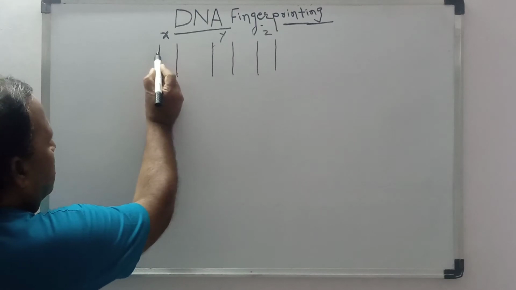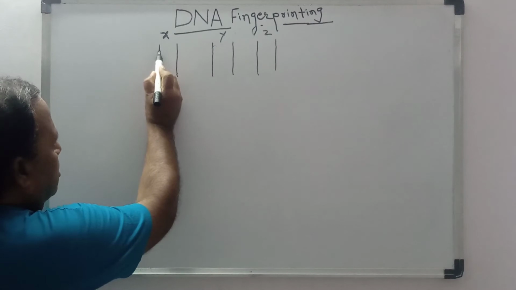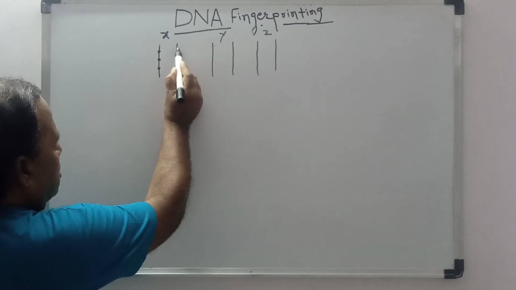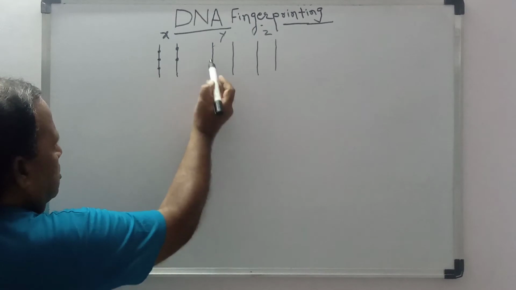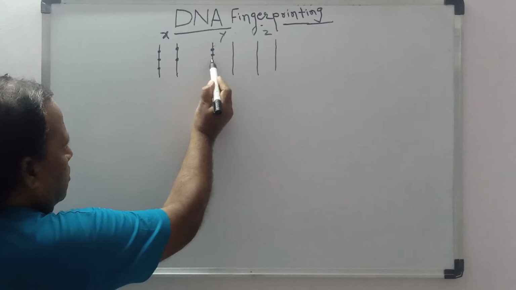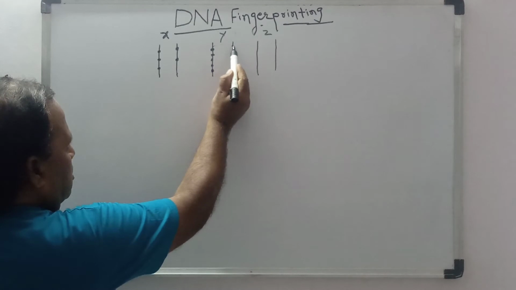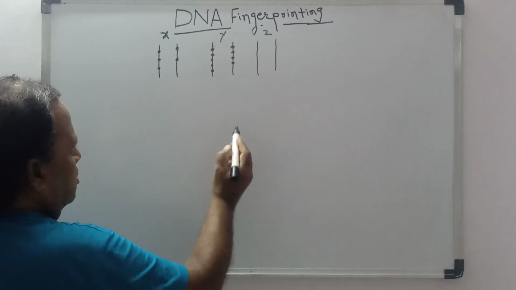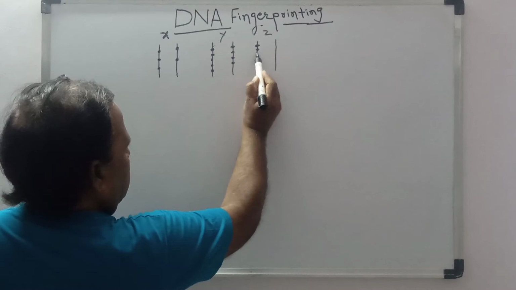Here, suppose the repetitive sequence or base pair sequence repetition is for 3 times. 1, 2, 3. Here it is for 2 times. Then in case of Y, this is for 5 times. Here it can be for 4 times. In the case of Z, it can be for 6 times.